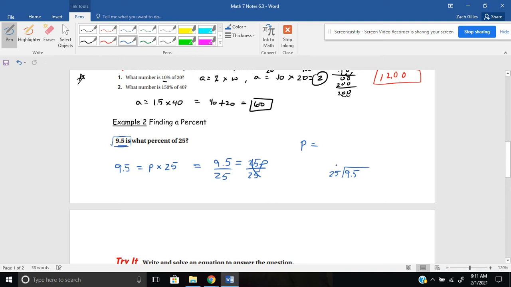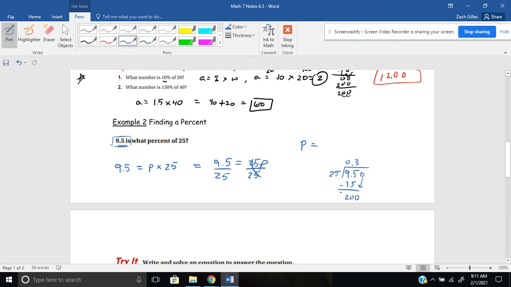How many times does 25 go into 9? 0 times. Bring my decimal straight up. How many times does 25 go into 95? That would be 3 times, because 3 times 25 is 75. Subtract, I would get 20, and I need to bring down another imaginary 0.